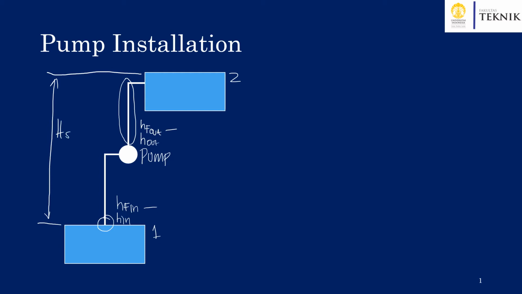To analyze the head of a pump system, we can recall our knowledge of the Bernoulli equation, that the head is equal to pressure divided by density multiplied with gravity, plus the kinetic energy, V to the power of 2 divided by 2 times gravity, plus Z, the elevation at any point.